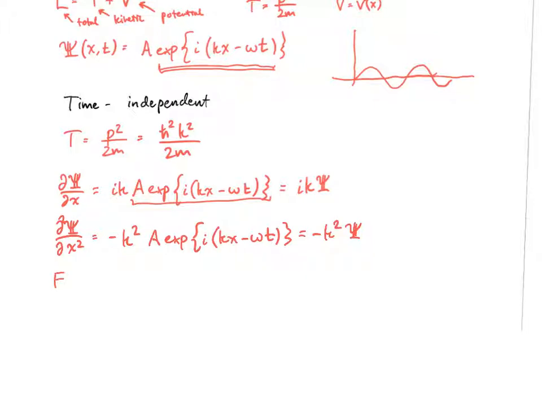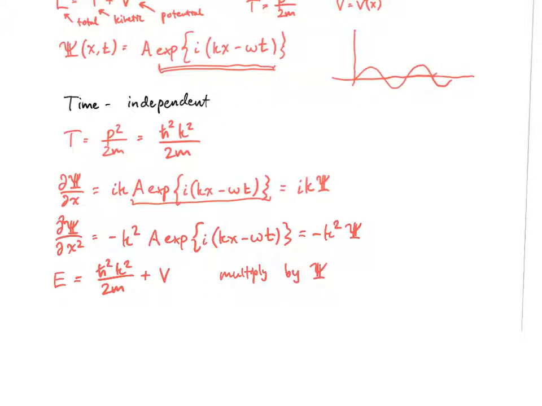Now let's take our expression for the kinetic and potential energy, which is equal to h bar squared k squared over 2m plus V. And let's multiply this whole expression, both sides of it, by psi.